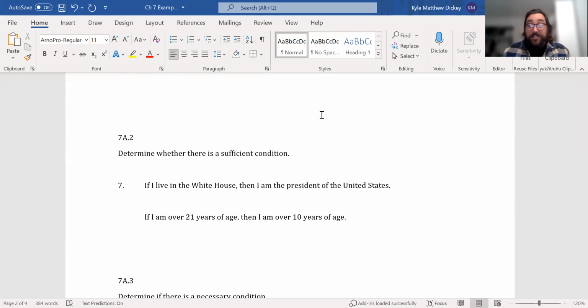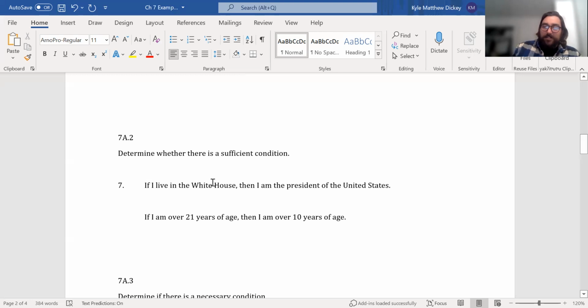But remember, sufficient condition. When we're asking about sufficient conditions, we're trying to see whether there's a relationship between the first thing and the second thing, where the first thing guarantees that the second thing is true. Guarantees, right? So does living in the White House guarantee that you're president of the United States? Well, it's a pretty good reason for thinking you're president, if you live in the White House. But are there any other people that live in the White House?